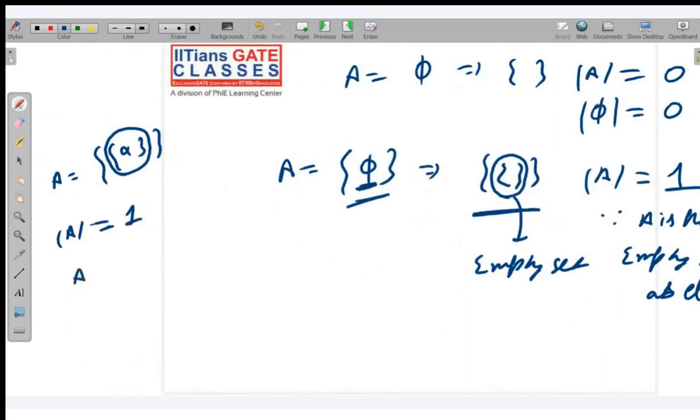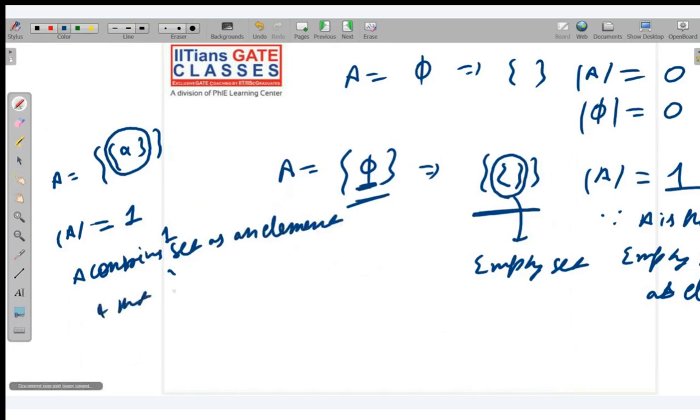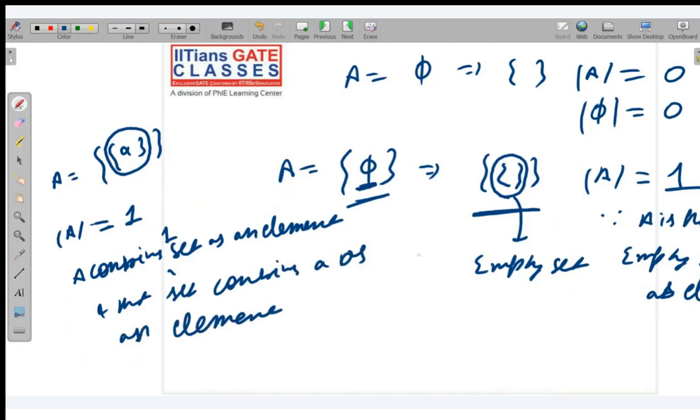I will say A contains one set as an element, and that set contains A as an element. Please try to read it.